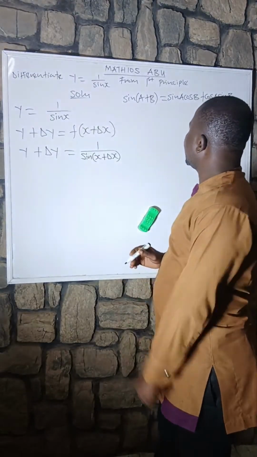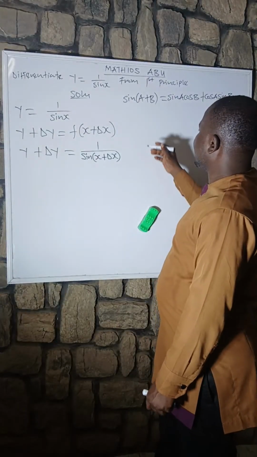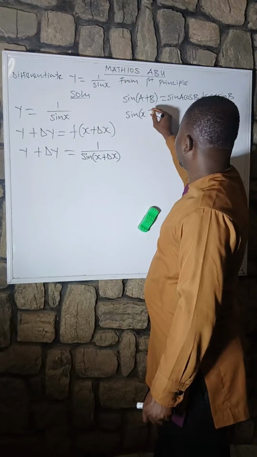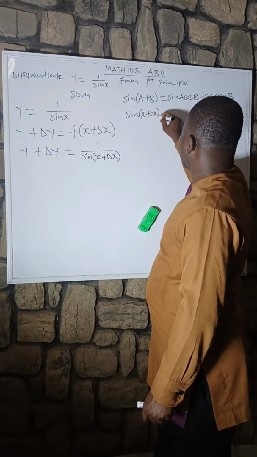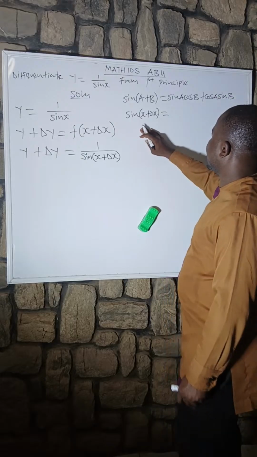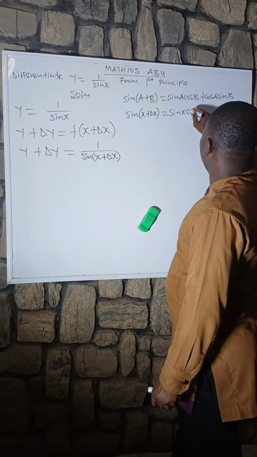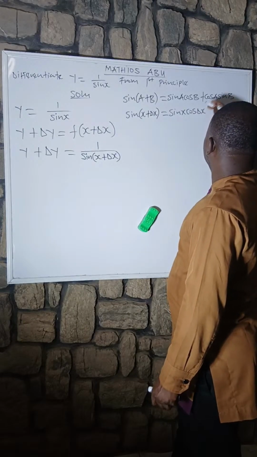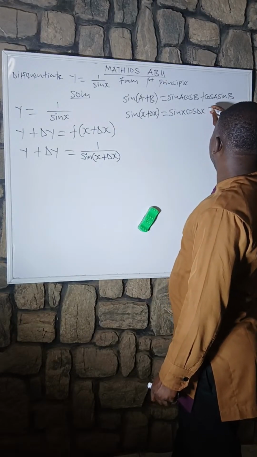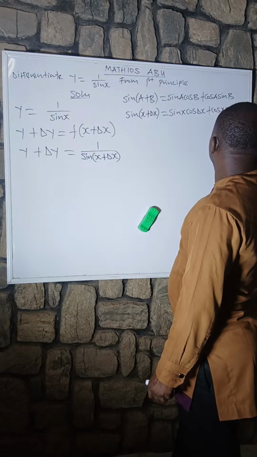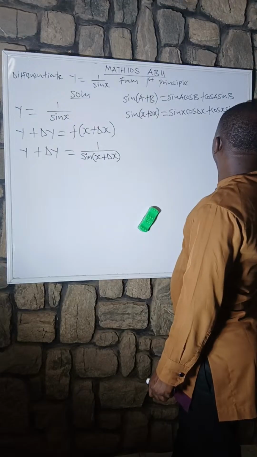Okay. So if you agree with me, then what if we now have sine, open bracket, x plus dx? This simply implies that this is the same thing as sine x cos dx, then plus cos x sine dx.